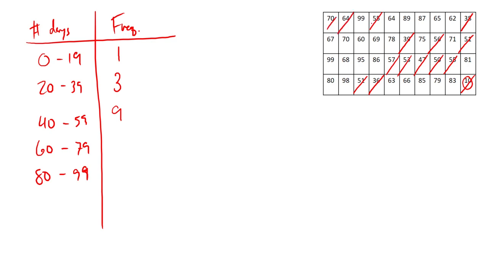So that's 1, 2, 3, 4, 5, 6, 7, 8, 9, 10, 11, 12, 13, 14, 15, 16. Any other ones I missed? Okay, yes. And then 80s and 90s, so that'd be 1, 2, 3, 4, 5, 6, 7, 8, 9, 10. Something like that.